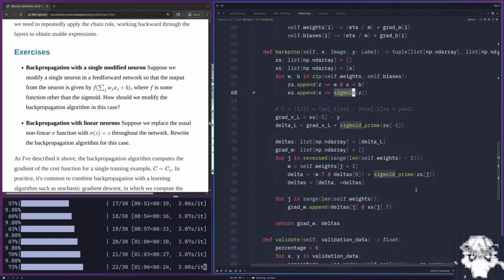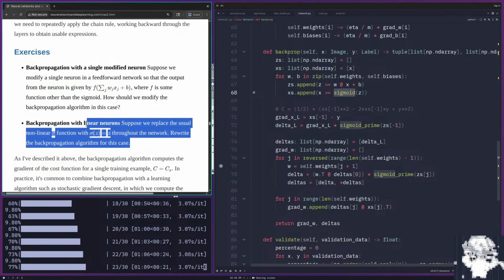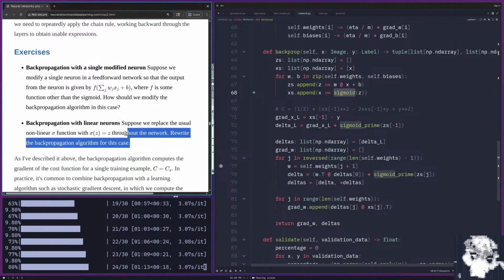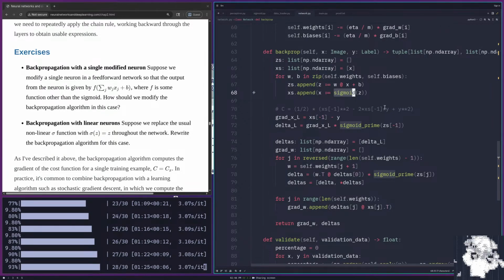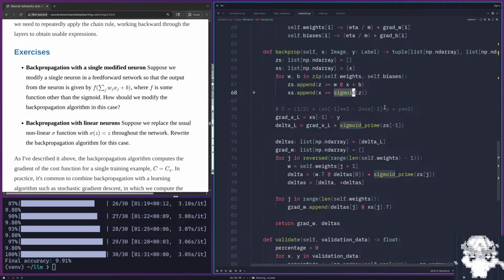So that's weird. I don't know, and he doesn't have a solution, so I don't know if my answer is wrong, or if that's just what you expect. Yeah, I don't know.